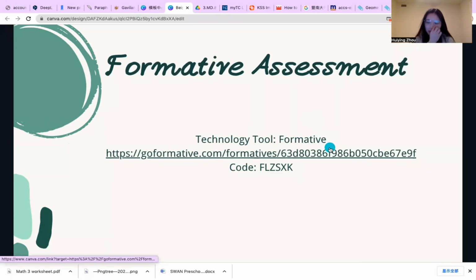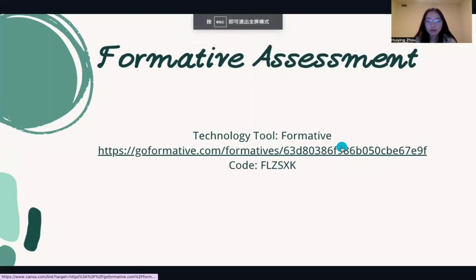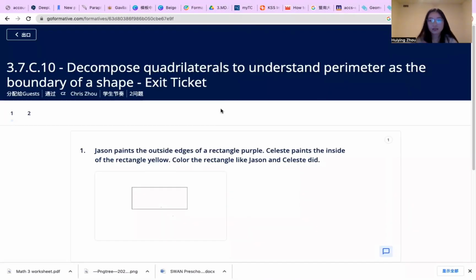For the formative assessment, I'm using the technology tool called Formative to do this activity. It's just an example of a student activity for one of the lessons, to decompose quadrilaterals to understand perimeter as the boundary of a shape.